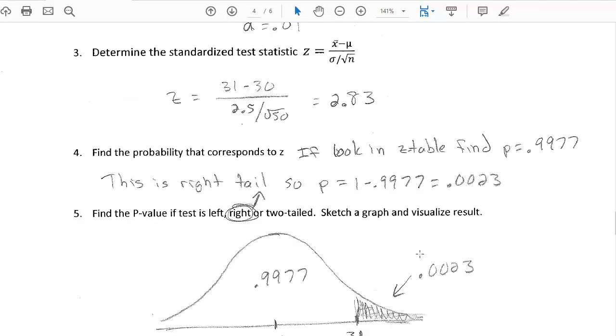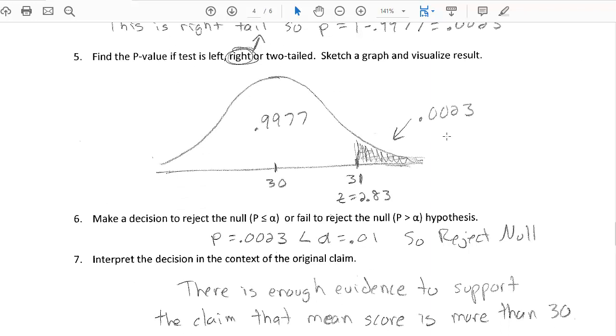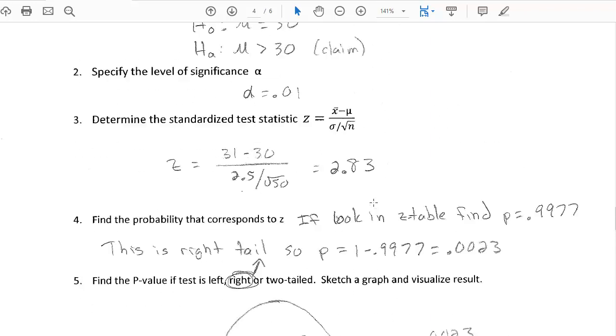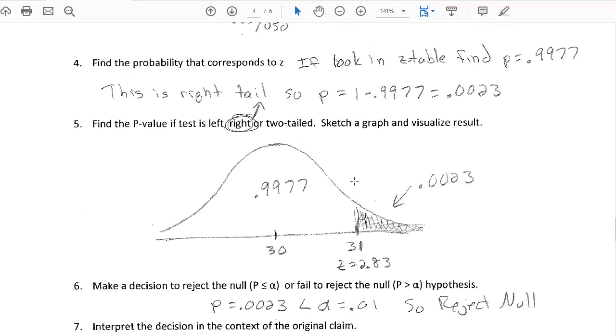If we look at a visual interpretation, I plot 2.83, our test statistic. Our alternative is greater than, so we're doing a right-tail test. I could look in the standard normal table in the back of a book, and look to the right of that z-score.